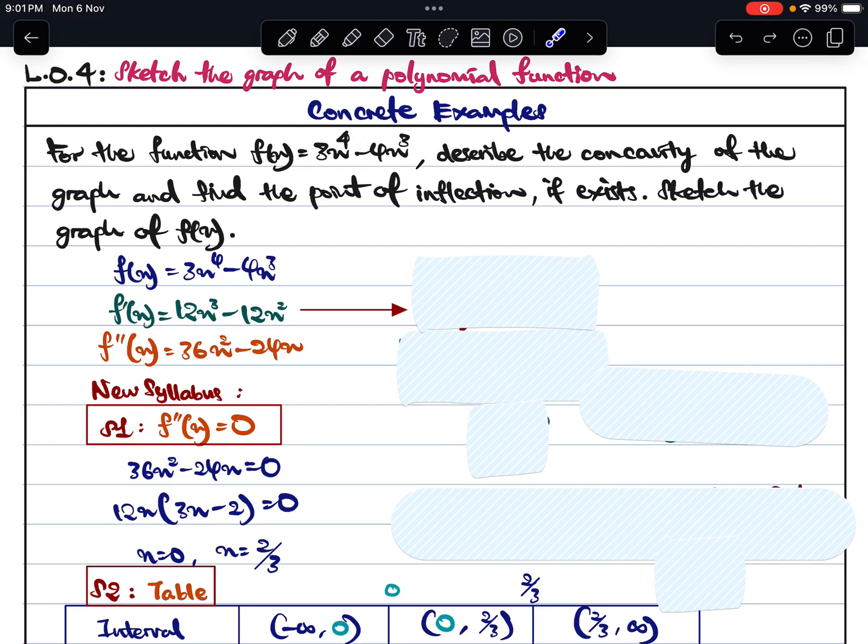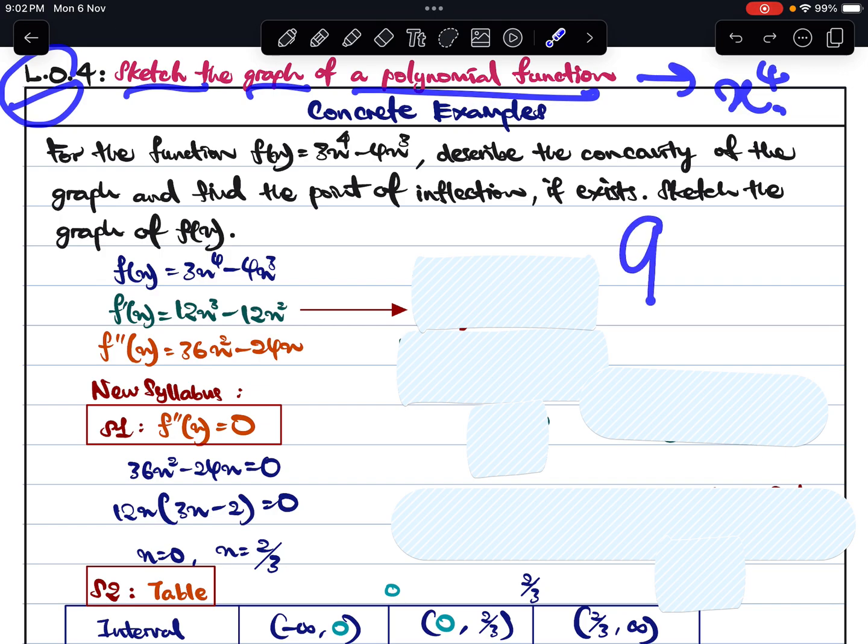This video is a continuation from the previous video, which is finding the point of inflection. So this video will teach you about sketching the graph of a polynomial function, where it focuses on drawing or sketching the graph of x to the power of 4.